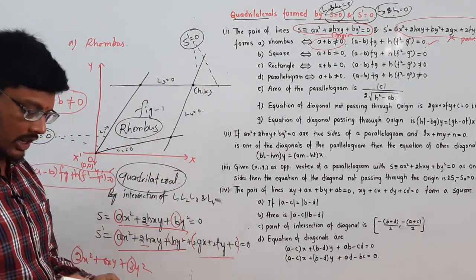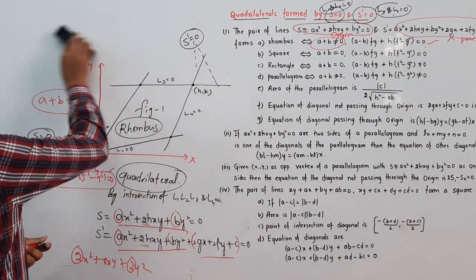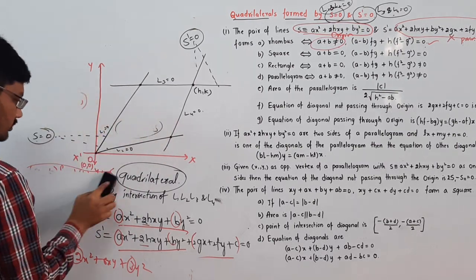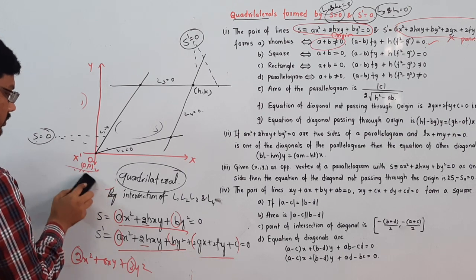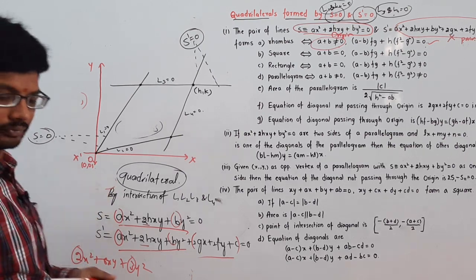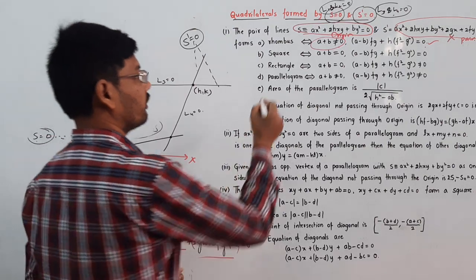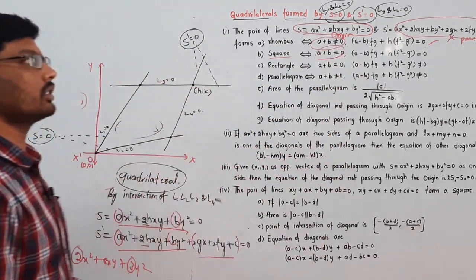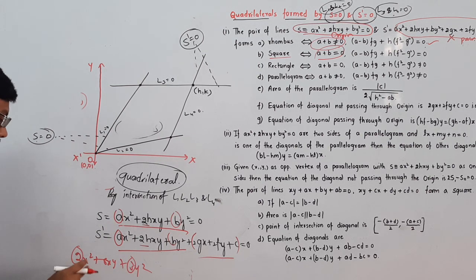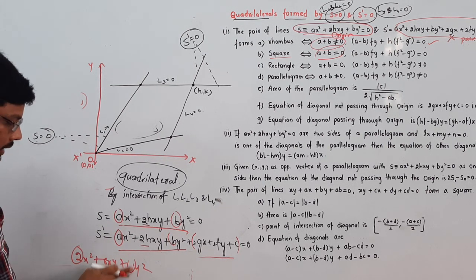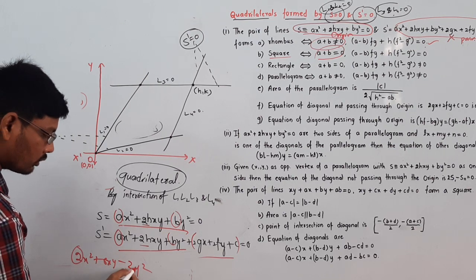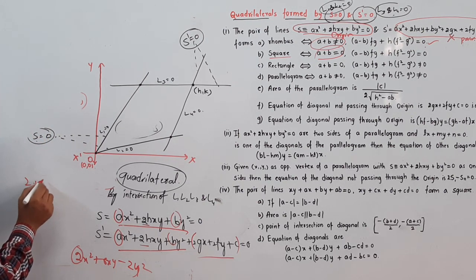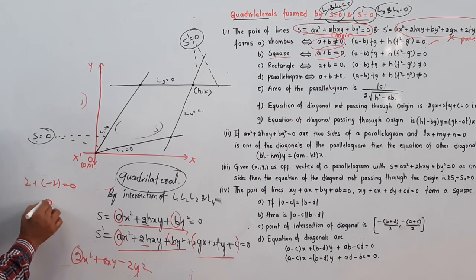And the next condition is a plus b is equal to 0. A plus b is equal to 0 is nothing but, for example, 2x square plus 6xy minus 2y square, where a plus b is 2 minus 2, that is 0.